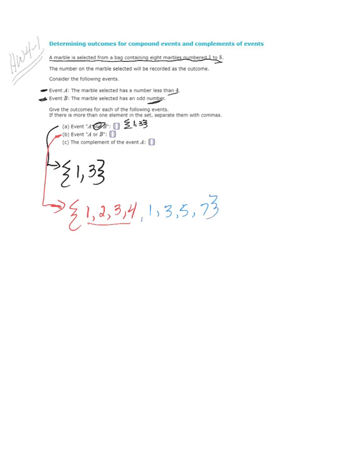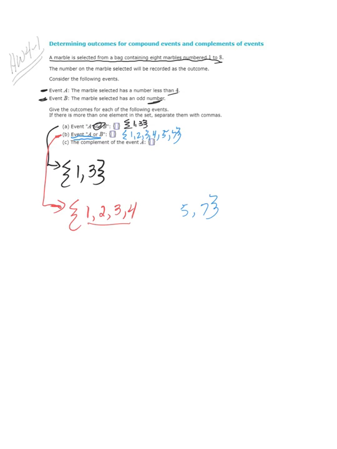Now, these numbers that occur twice, I'm not going to put them in there twice. So I'm not going to put 1 and 3 in there again, because they were already in there when I put the numbers less than 4. So my final set is going to look like 1, 2, 3, 4, 5, and 7. Those are the numbers that could happen for event A or B.